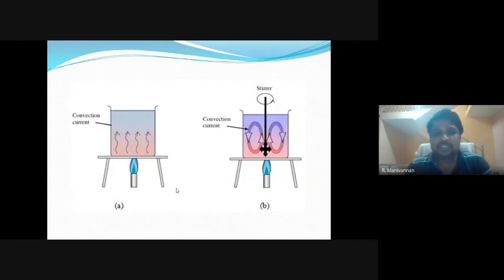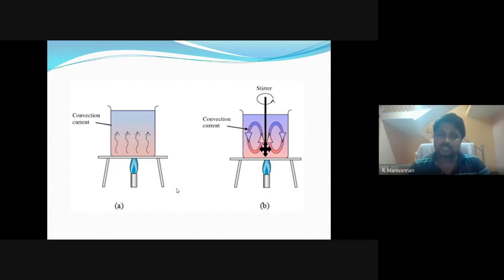In this slide there are two figures. First one, figure A, is for natural convection and B is for forced convection. Natural convection is also known as free convection. There you can see a beaker with some water and heat is supplied.